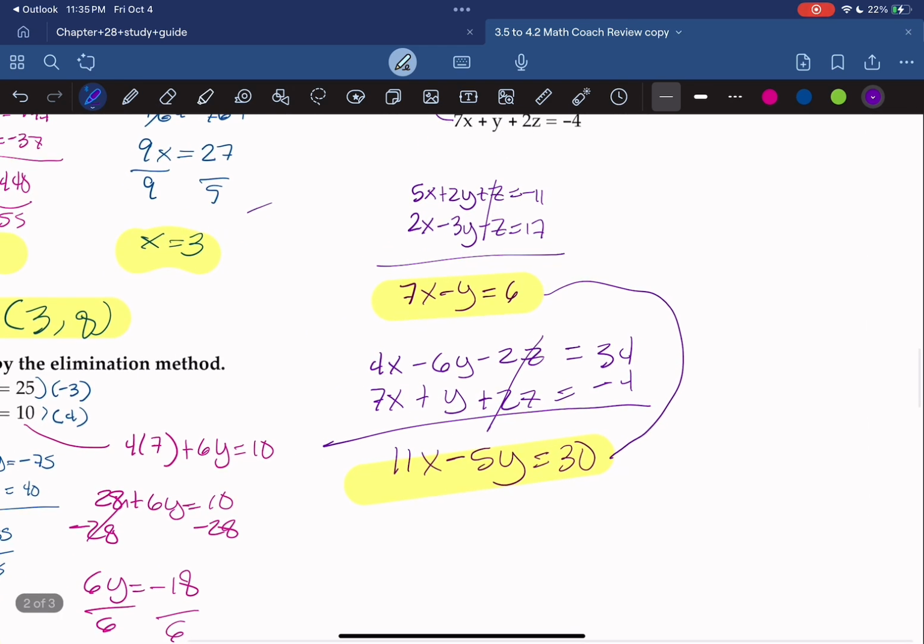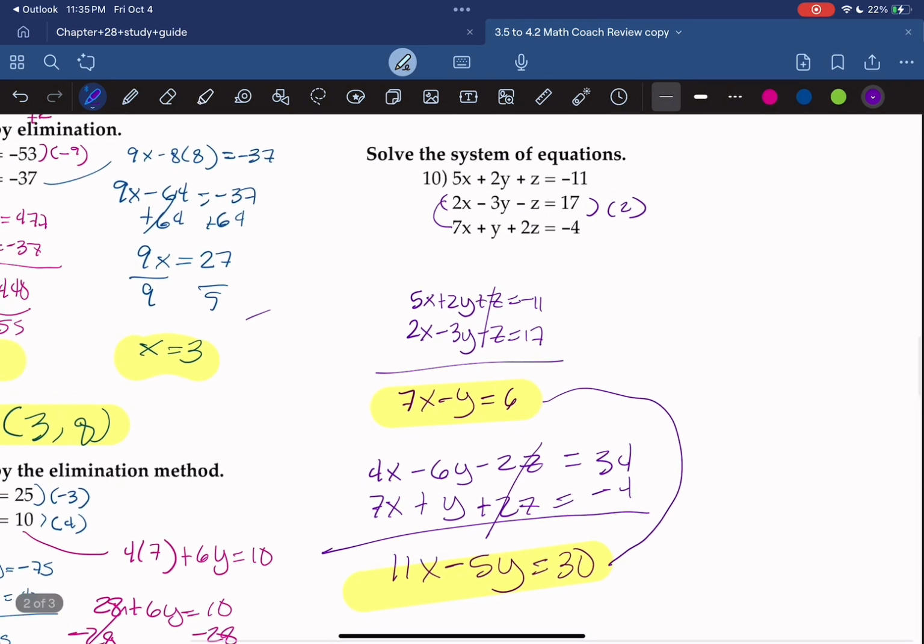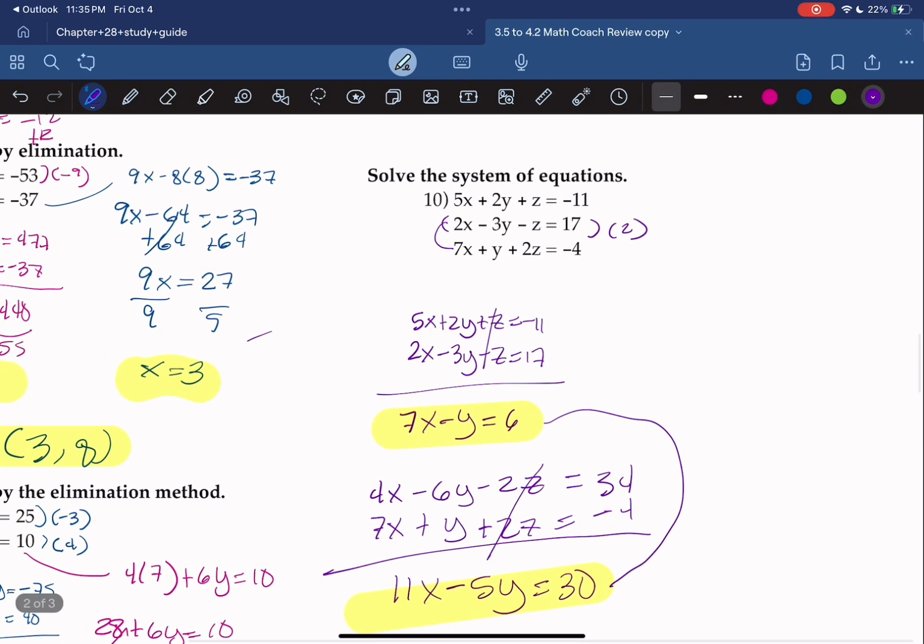The easiest one to cancel out is going to be y, just because we have a variable with nothing on it, so it can really be multiplied by anything. Let's go ahead to this over here, so it's going to be 7x minus y equals 6. And 11x minus 5y equals 30.